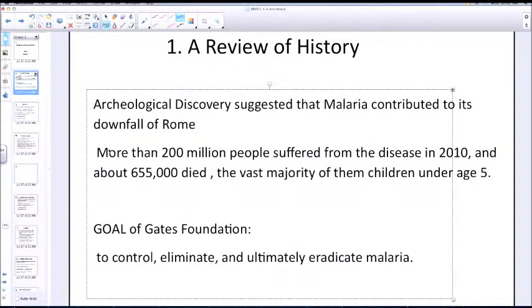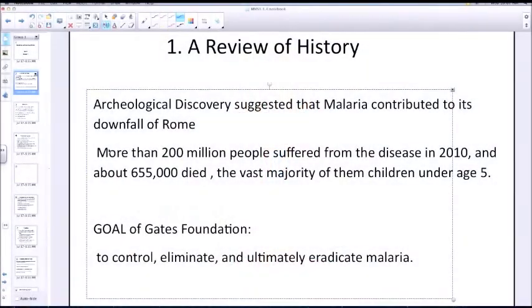Well, in the United States, we don't see a lot of cases of malaria, but it has happened all the time in history and also in developing countries. So to address the significance of this, I would like to give a little review of the history.